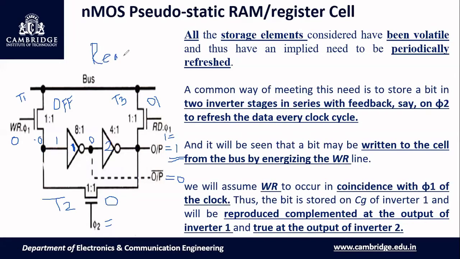So here, whatever data you have stored in this memory, that we are trying to read. Getting it? So here we'll have to make phi 2 equal to 0, so that your T2 transistor will be off.